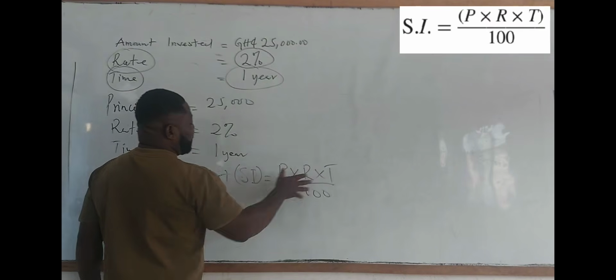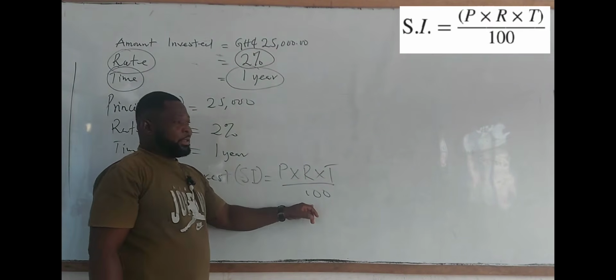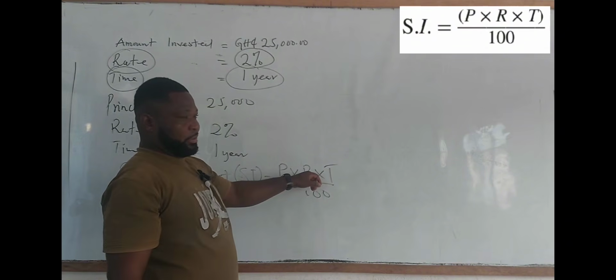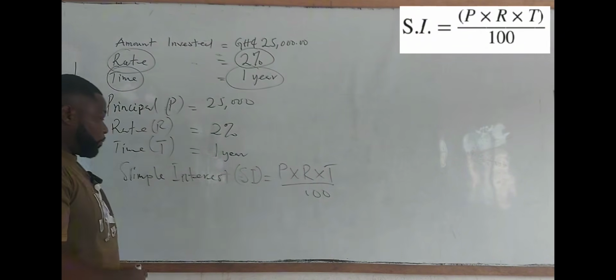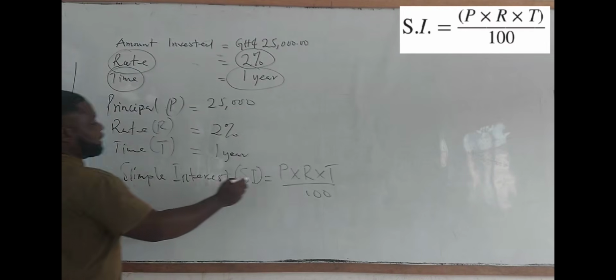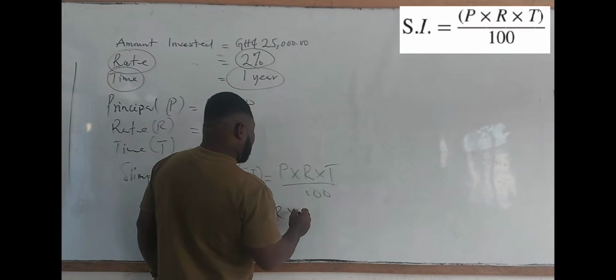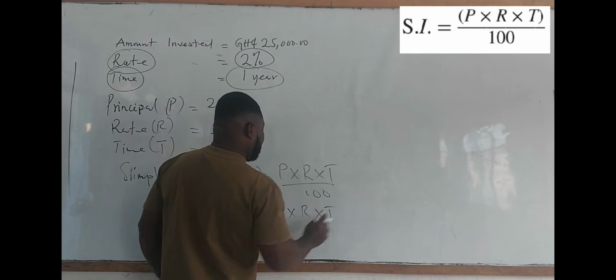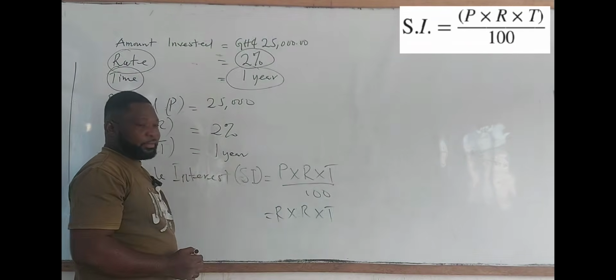We are just going to substitute the values into it. Someone will ask, where did we get this 100? The 100 is coming from the rate. So I'll take my time and go through that 100 very well. Sometimes you see this formula written as P times R times T. It's the same thing because the rate has 100 on it.